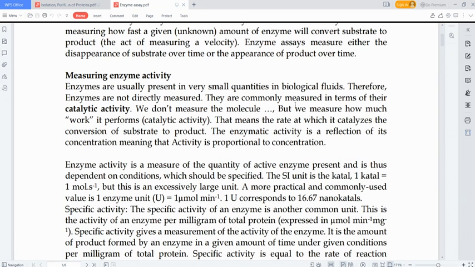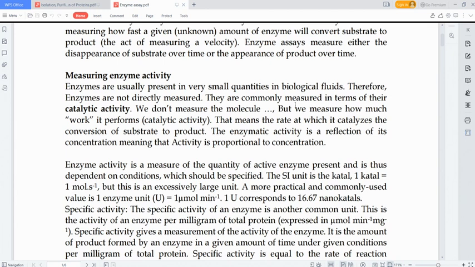This 1 micromole per minute corresponds to 16.67 nanokatals. Because the katal quantity is always very high, they decided to make use of micromole per minute. So you can see that you're looking at quantity per minute, which means you're studying velocity.